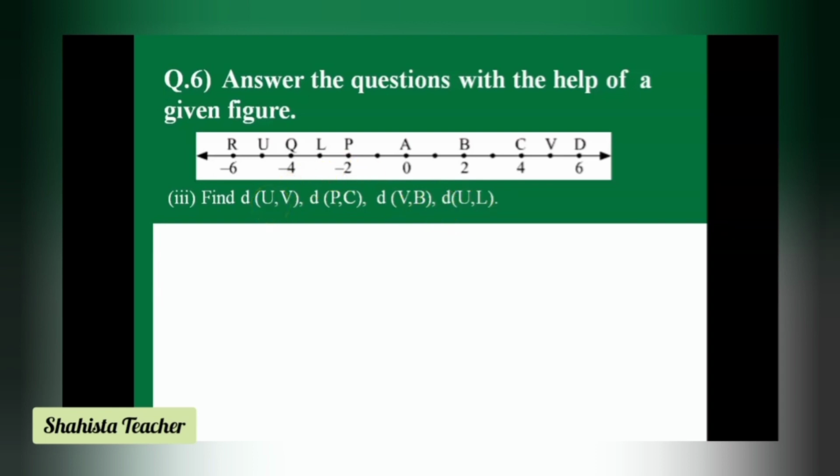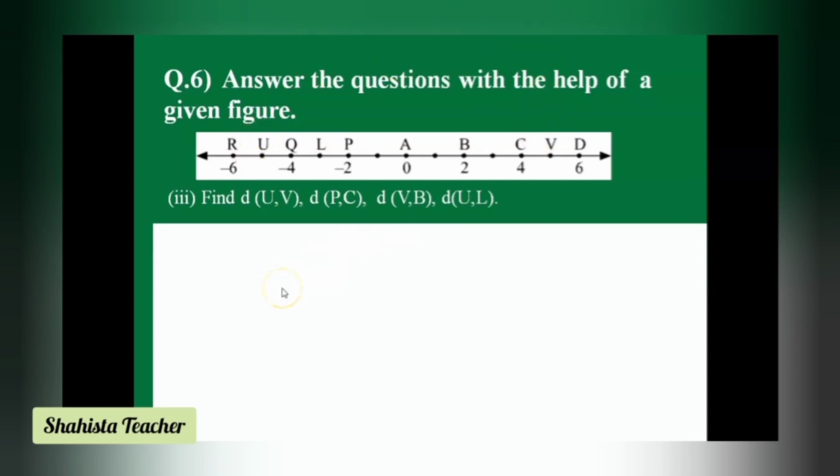So first is the distance of U to V. Here U represents minus 5 and V represents positive 5. Minus 5 is on the left-hand side and positive 5 on the right-hand side. So U is negative and V is positive.